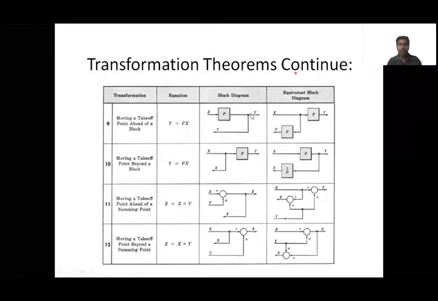And in a similar way, if you want to move a takeoff point from after to before the block, you have to keep a gain of p on the second signal. If you want to transfer the takeoff point from before the block to after the block, you have to multiply the second signal by 1 by p. Therefore, in a similar way you can calculate this y value. This y value and this y value must be the same.